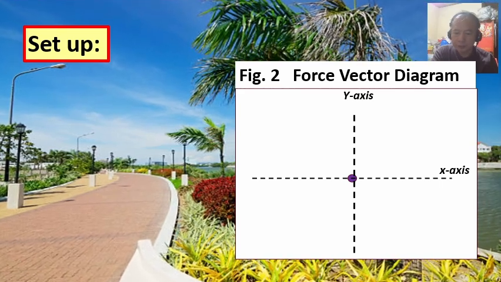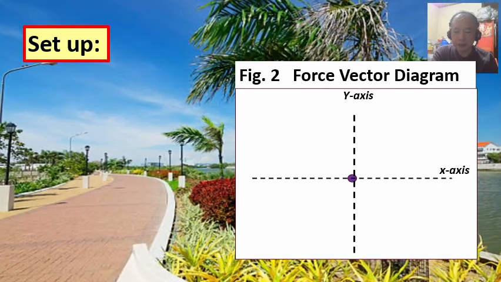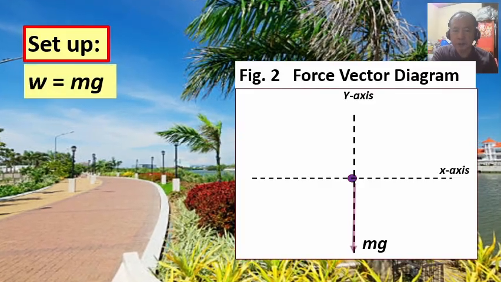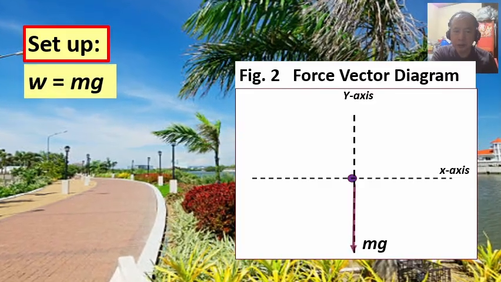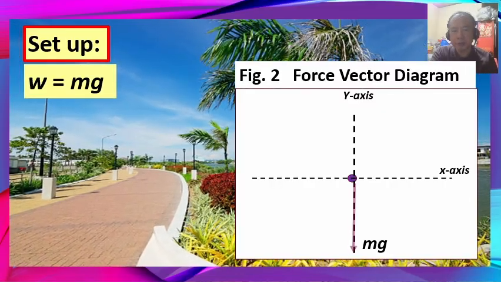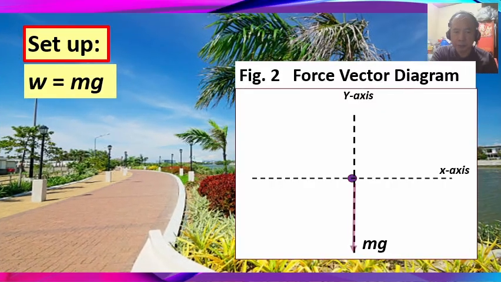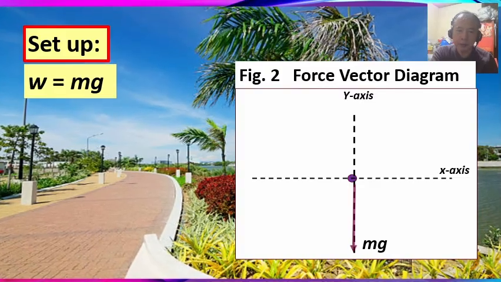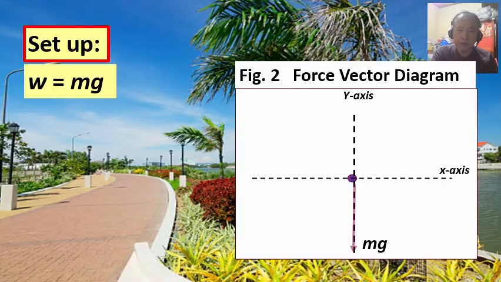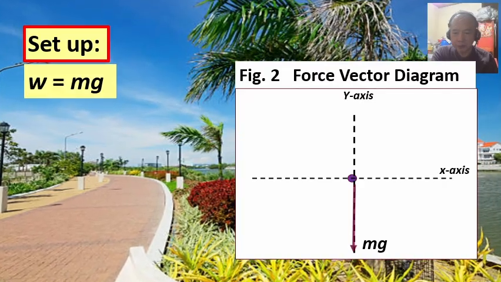So the first force acting on the charged sphere is the force of gravity, or the weight of the sphere, represented by a small letter w, which is equal to the product of its mass and acceleration due to gravity, or mg.